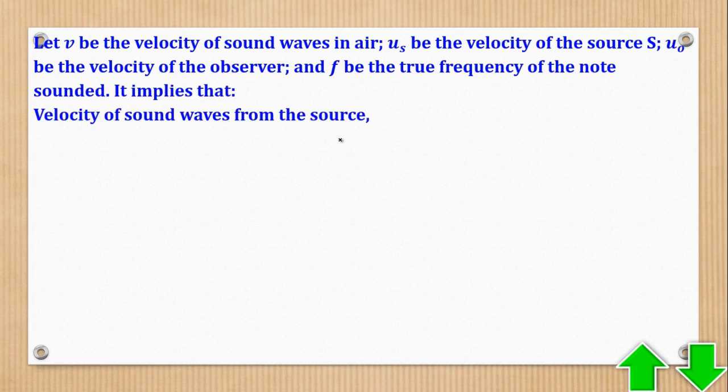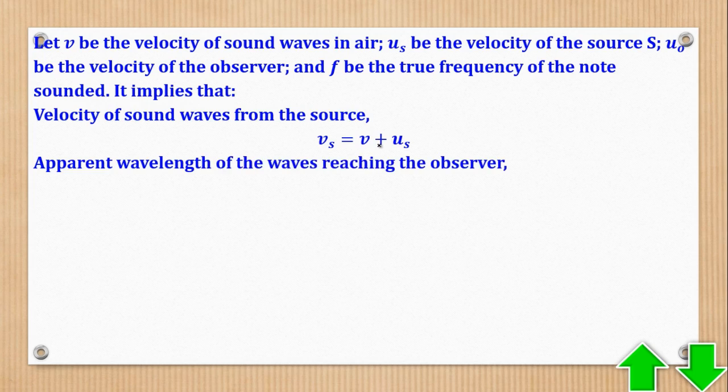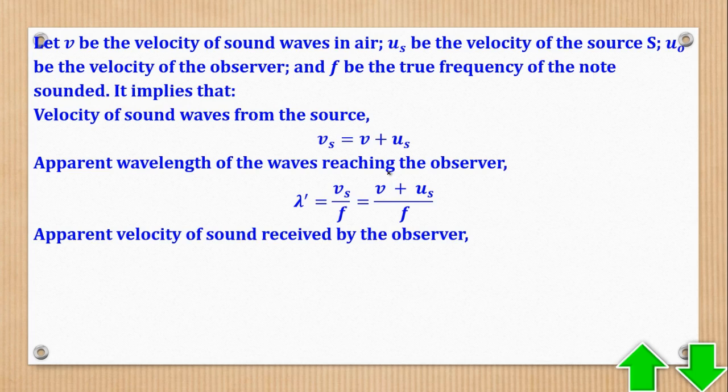The velocity of sound waves from the source, Vs, will increase. It will be V plus US, implying the apparent wavelength will now become V plus US over F. However, the apparent velocity of sound received by the observer, that is V prime, will reduce.